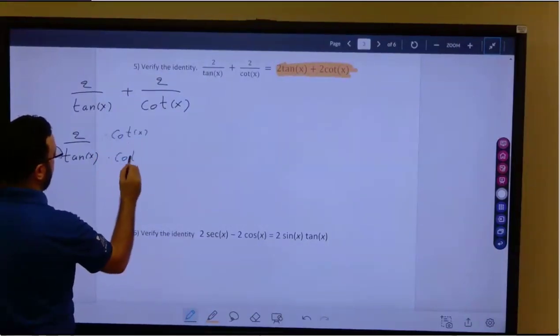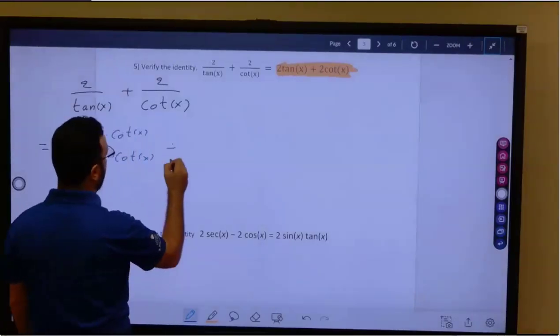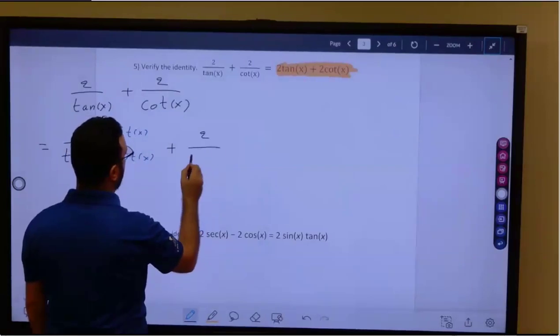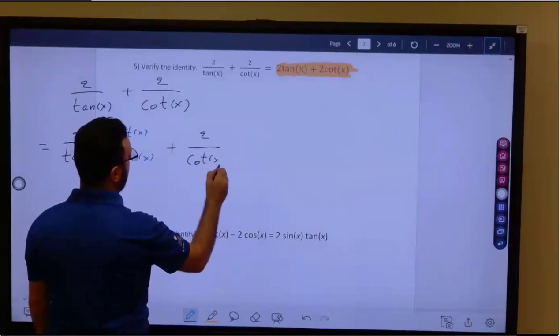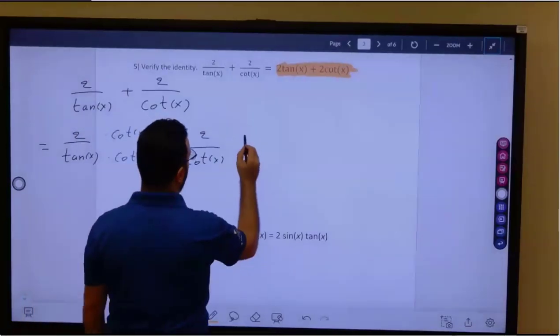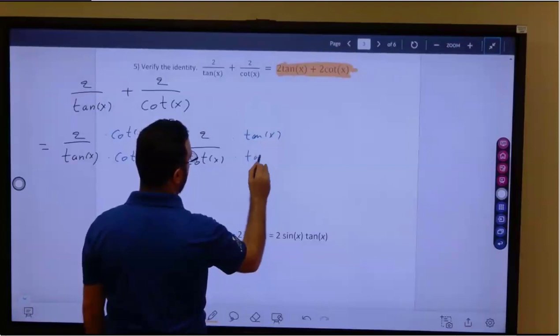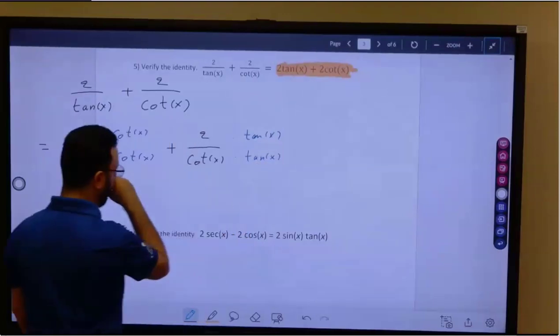Multiply this one by cotangent x. And here is going to be plus 2 over cotangent x. I have to multiply by tangent x. I'm going to multiply here by tangent x. Let's see what we're gonna get.